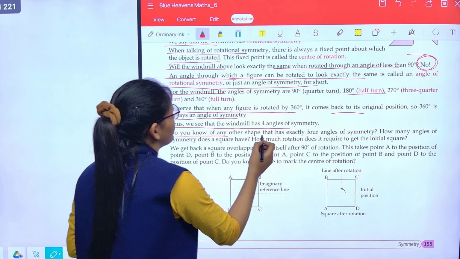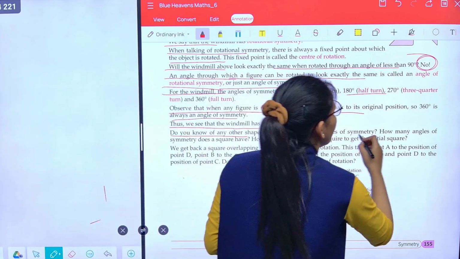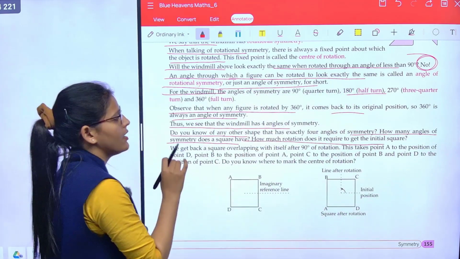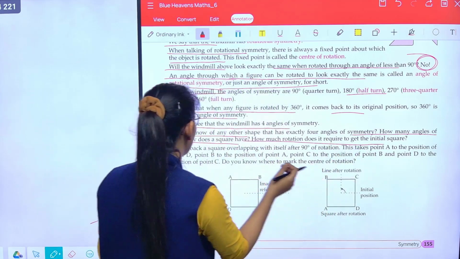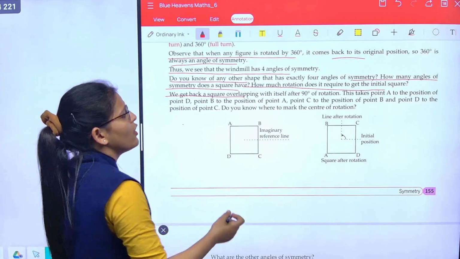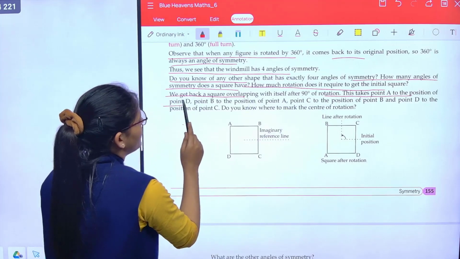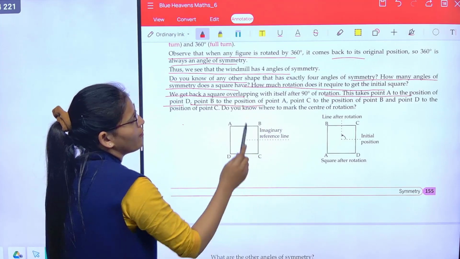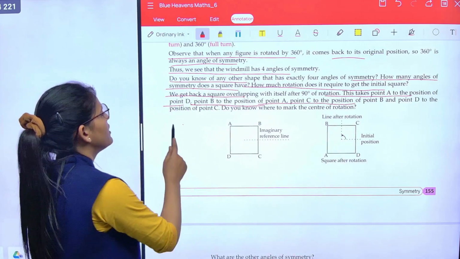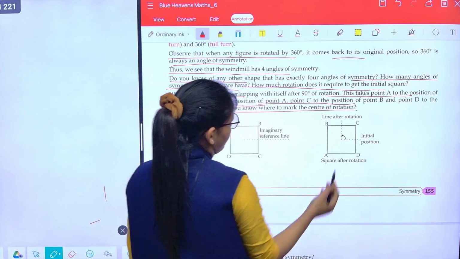Do you know of any other shape that has exactly four angles of symmetry? How many angles of symmetry does a square have? How much rotation does it require to get the initial square? We get back a square overlapping with itself after 90 degrees of rotation. It takes point A to the position of point D, point B to the position of point A, point C to the position of point B, and point D to the position of point C. Do you know where to mark the center of rotation?